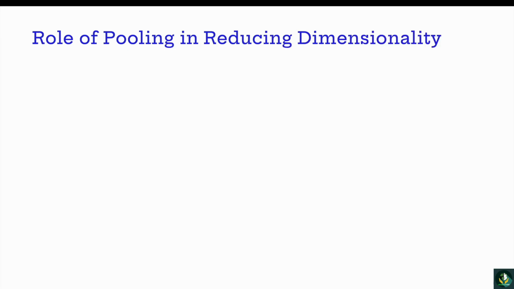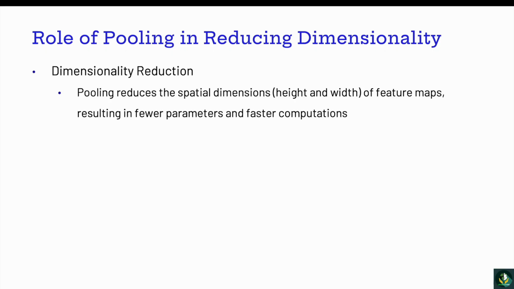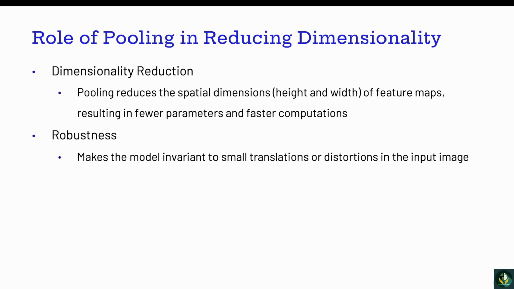What is the role of pooling in reducing dimensionality? In dimensionality reduction, pooling reduces the spatial dimensions, height and width, of feature maps, resulting in fewer parameters and faster computations. As for robustness, it makes the model invariant to small translations or distortions in the input image.